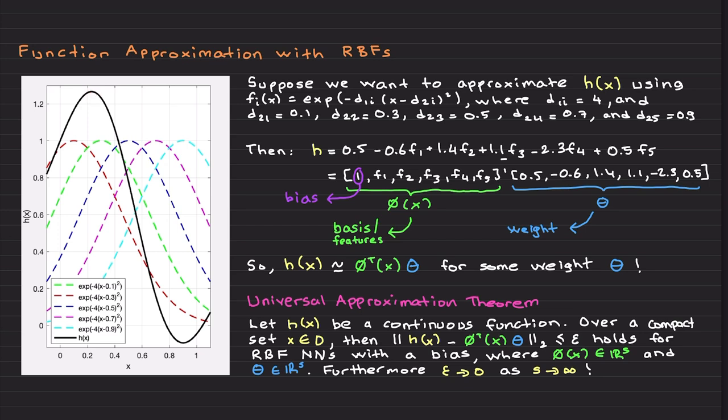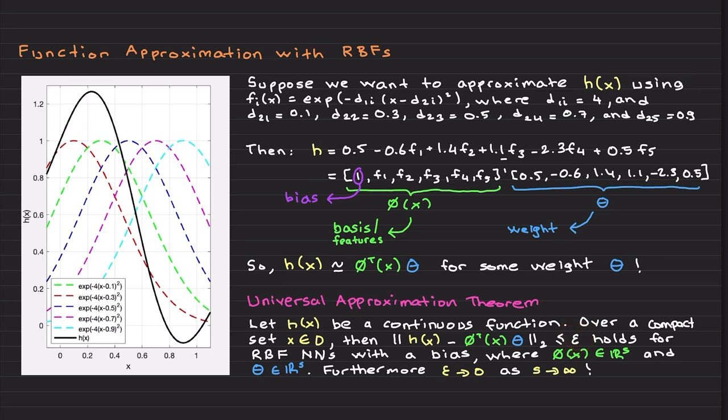So I would like to talk about the so-called universal approximation theorem. Let h be a continuous function over the compact set D. You can think of the compact set like this here, within the context of that example. Over a compact set, for x belonging to D, this holds for radial basis function neural networks. And this is the approximation residual.